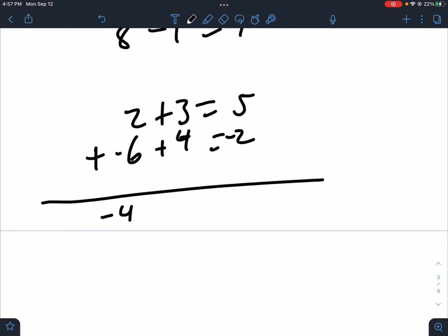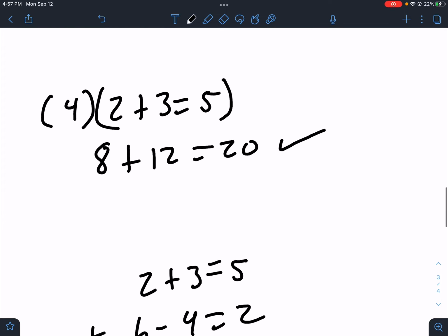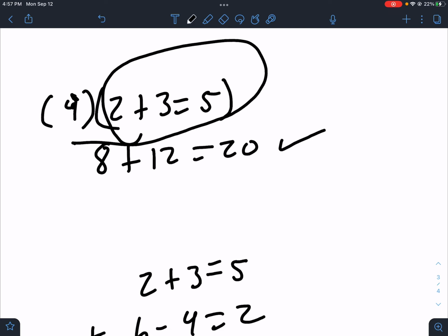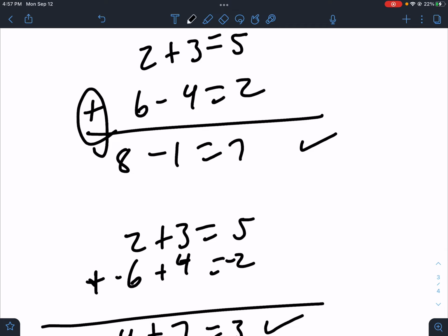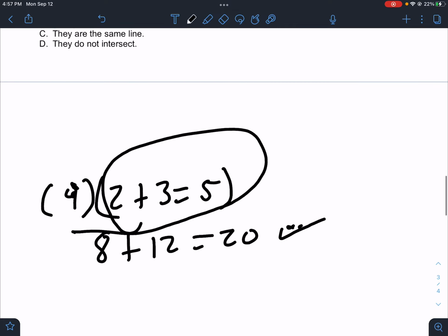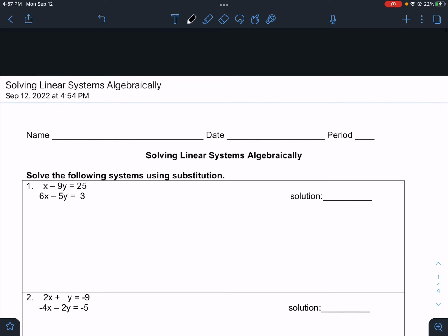That would give us negative 4, that would be positive 7, and that would be positive 3, which checks out. So to recap, you can multiply an equation by anything you want or divide it, and the result will be a true statement. You can add or subtract any two equations, and the third equation will be the same.